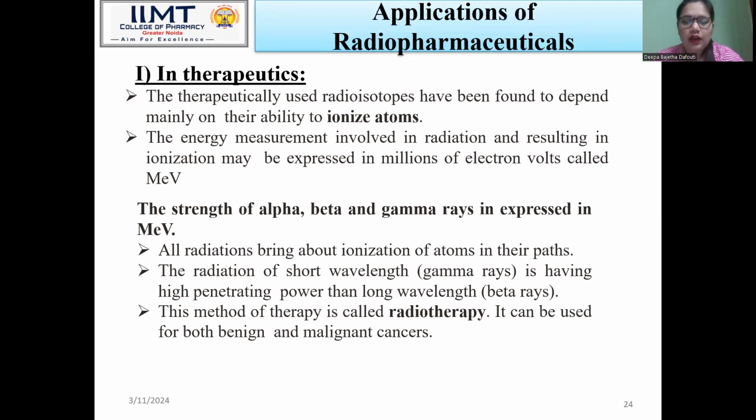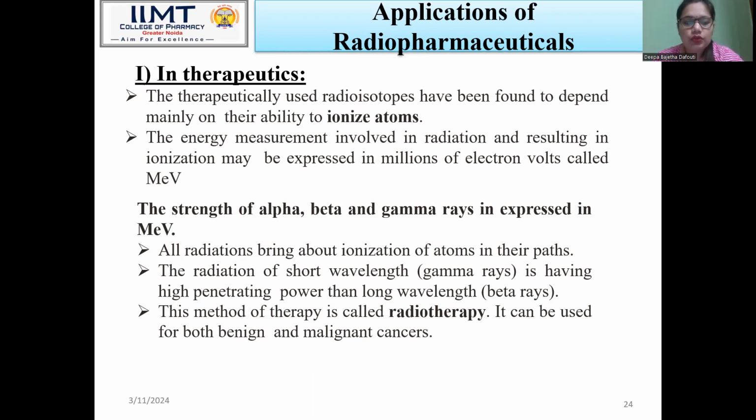The strength of alpha, beta, and gamma rays is expressed in MeV. All radiations bring about ionization of atoms in their path. The radiation of short wavelength like gamma rays has higher penetrating power than long wavelength like beta rays. The method of therapy is called radiotherapy.